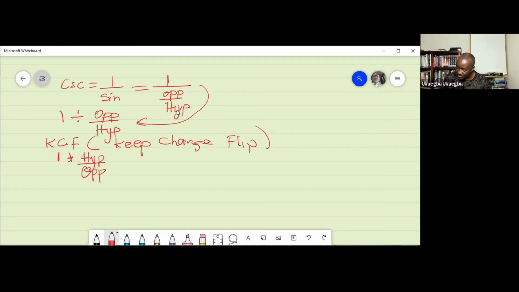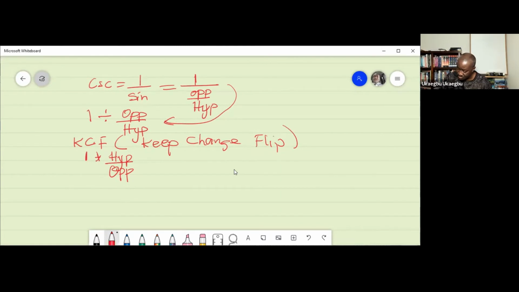So cosec is equal to hypotenuse over opposite. That's how that formula came about.